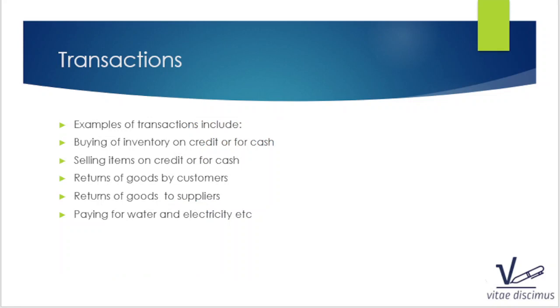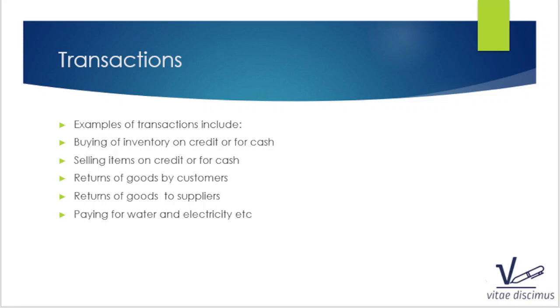With regards to transactions, for example, if you are in business and you are operating a business whereby you are selling stationery, your transactions will involve activities such as going to buy the inventory either for cash or credit from your suppliers, then you being able to sell those stationery items to your customers either for credit or for cash basis.